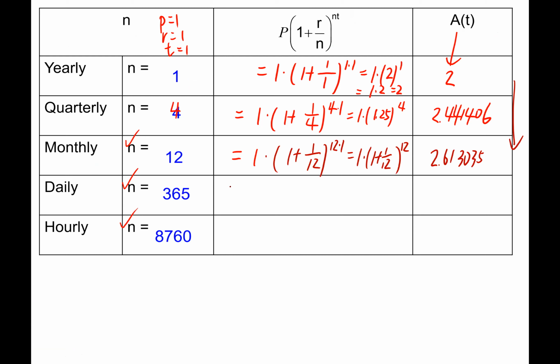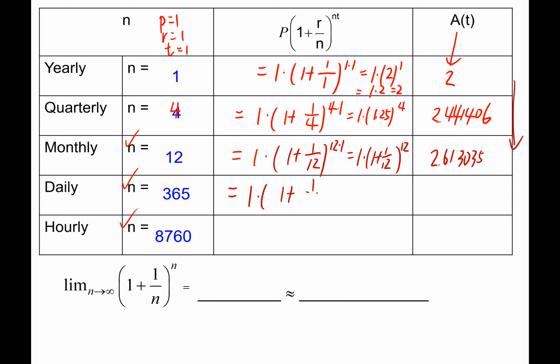So that's a trend. If it is compounded daily, that will be 1 times 1 plus 1 over 365, dividing by 365 times 1. And this is going to be 1 plus 1 over 365 to the 365th power. If you do not want to write a 1 in the front, you can omit it.